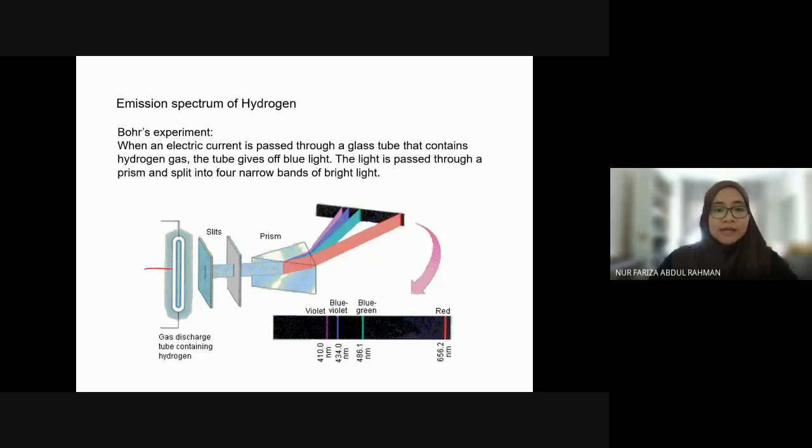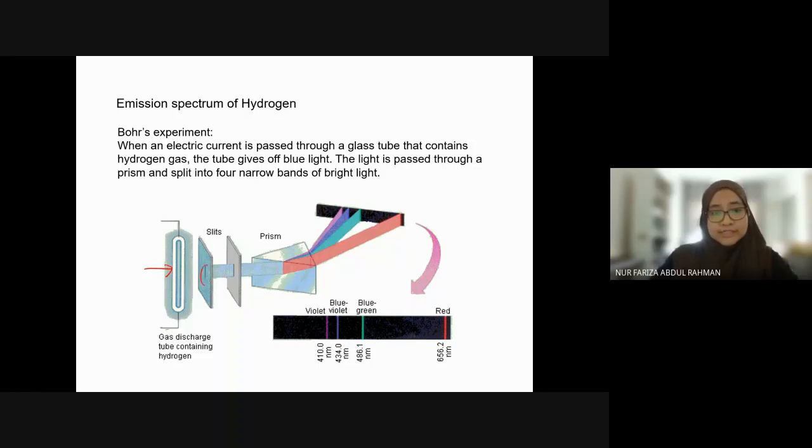So we have hydrogen gas in this tube, and we connect this tube with the electric current. The tube will give off blue light.